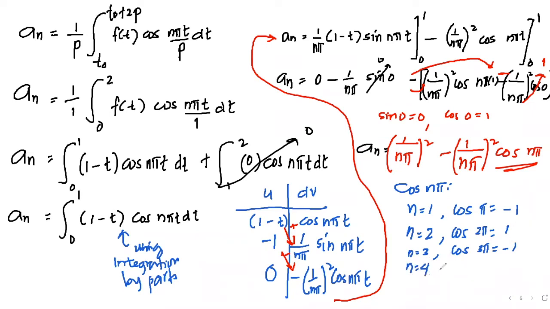And finally, if n is equal to 4, cosine of 4 pi is equal to positive 1. So take a look at the pattern. It's negative, positive, negative, positive. Therefore, we can say that cosine of n pi is equal to negative 1 raised to n. So if the power is odd, the value is negative. If the power is even, the value is positive 1.